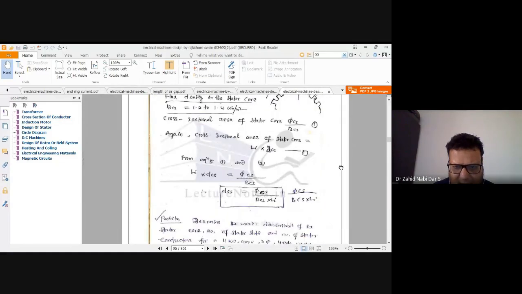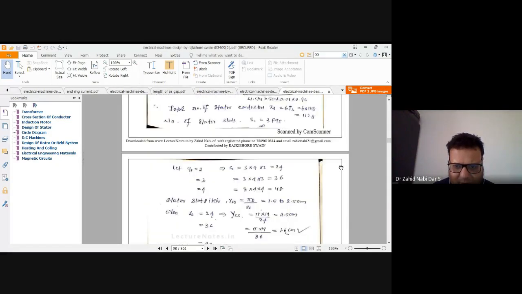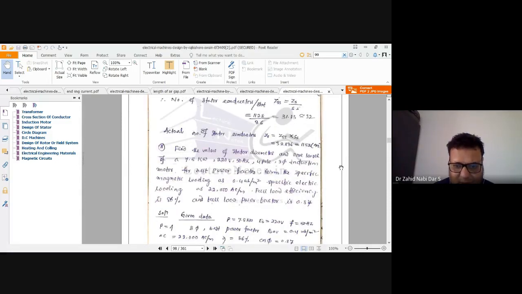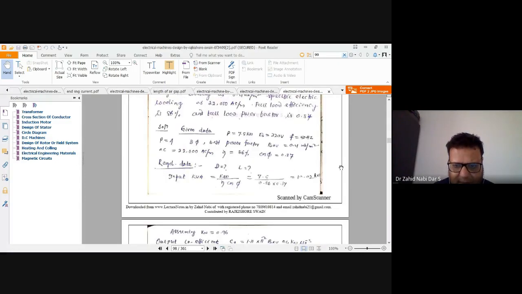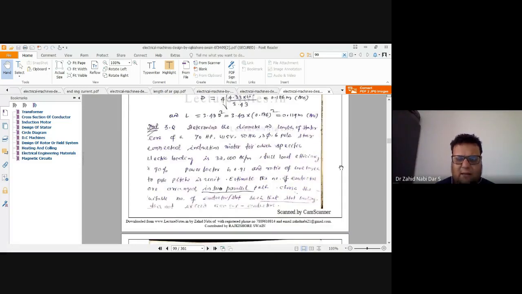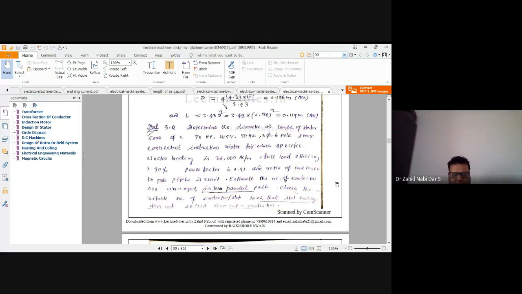From here it will come. Determine the main dimensions of stator core, stator slots. This is one type of problem. Find the value of stator. This is 7.5, that is 70 HP, right? Determine the diameter and length of stator.